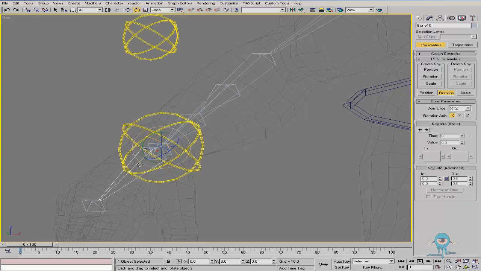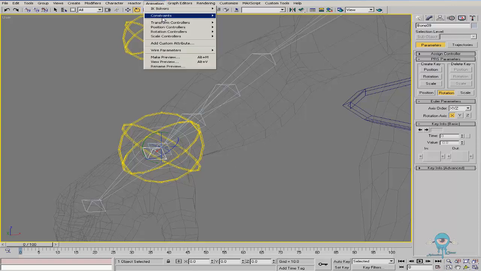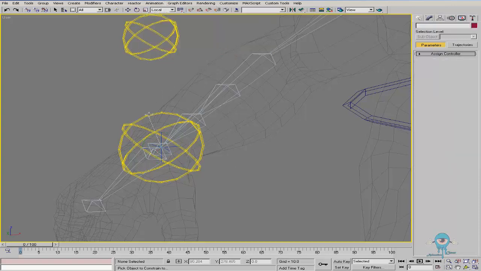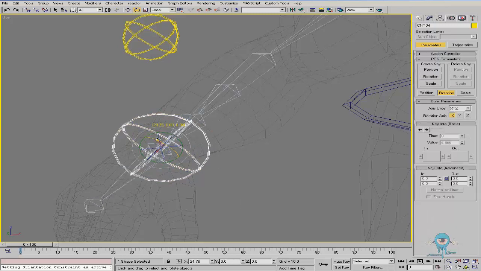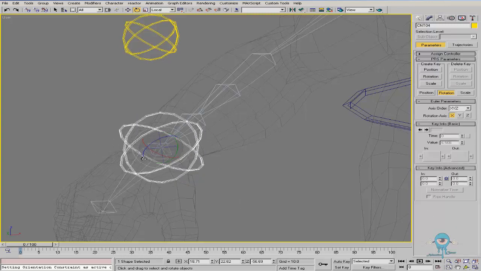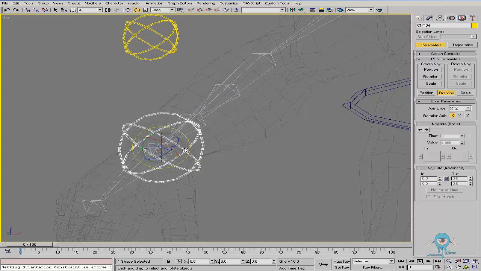The easiest way to do that is, it is currently linked to the end of the arm, and we're going to orientation constrain it to the control object so that it now rotates with the hand control.